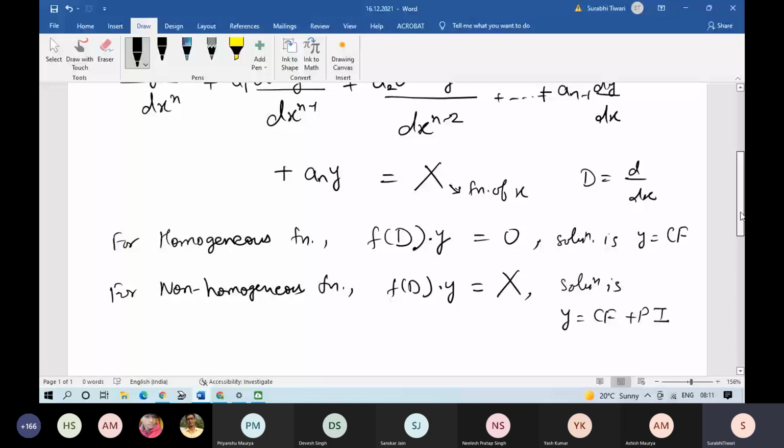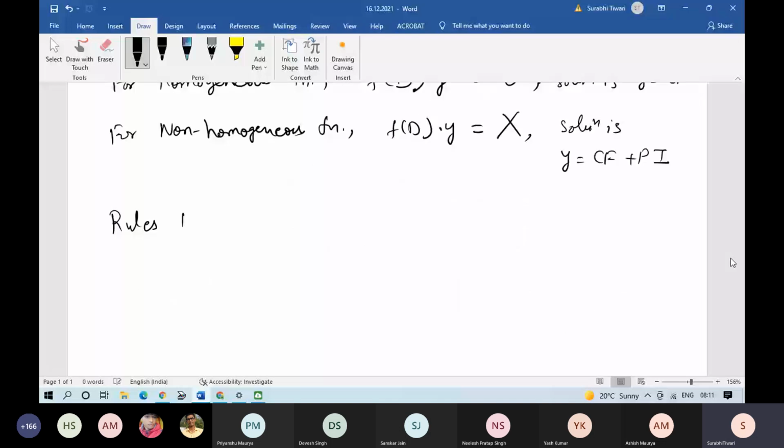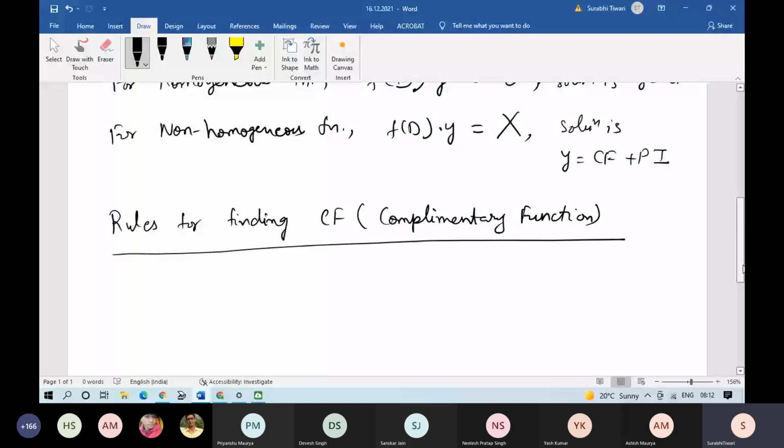So, write the rules for finding the complementary function. We first find the auxiliary equation.